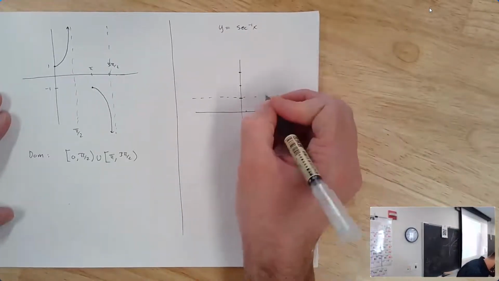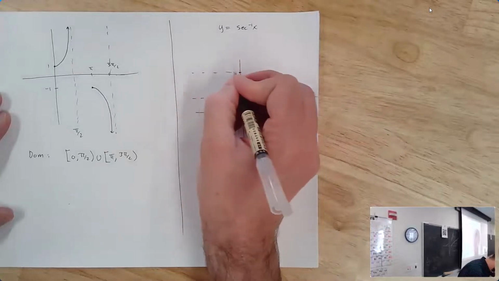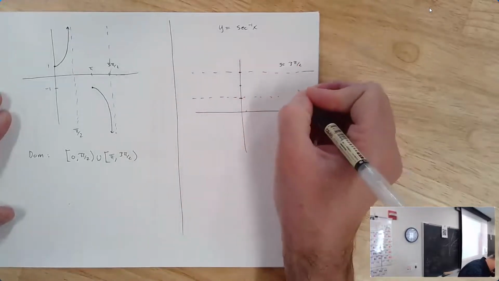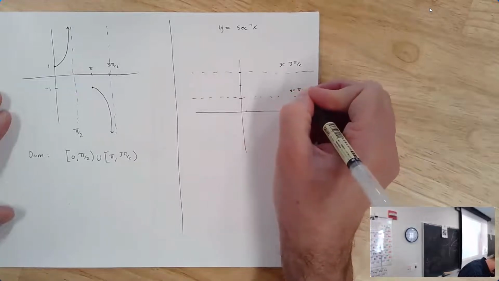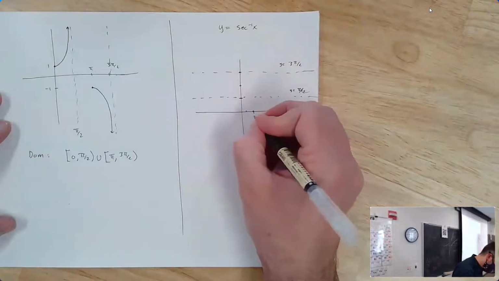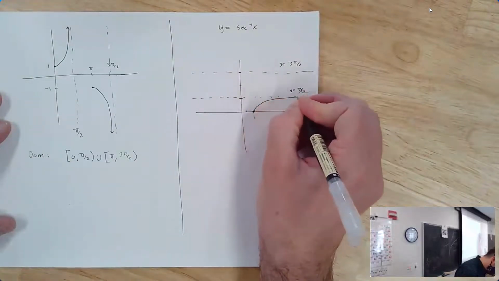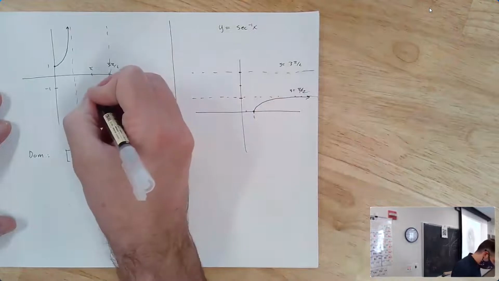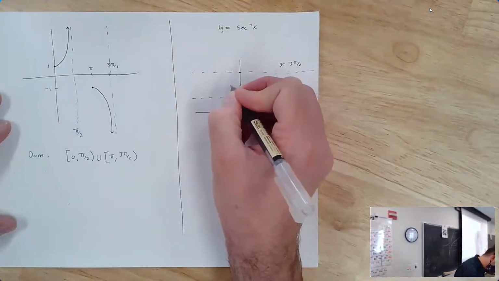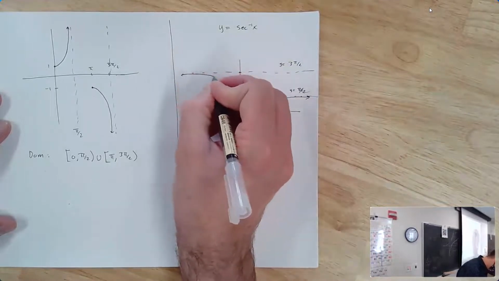Oops, maybe don't kill your paper games. Also 3 pi over 2. And it looks like this. So this part here becomes this part here. And this part here becomes this part here.